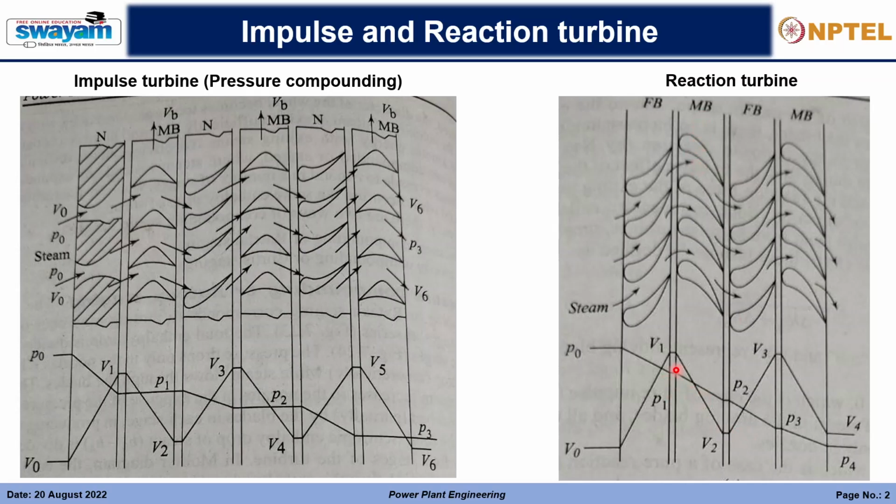That is why the pressure decreases, and the velocity also contributes to the whole tangential force on the blades. As the pressure does not remain constant, it is also imparting a reaction. That is why it is called a reaction turbine.